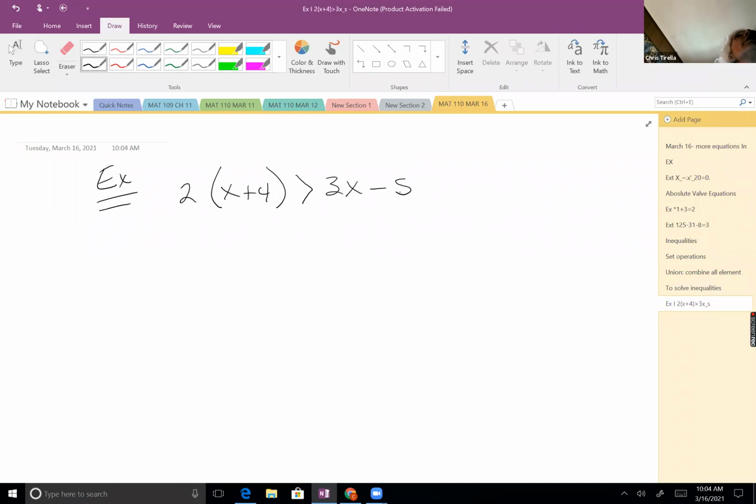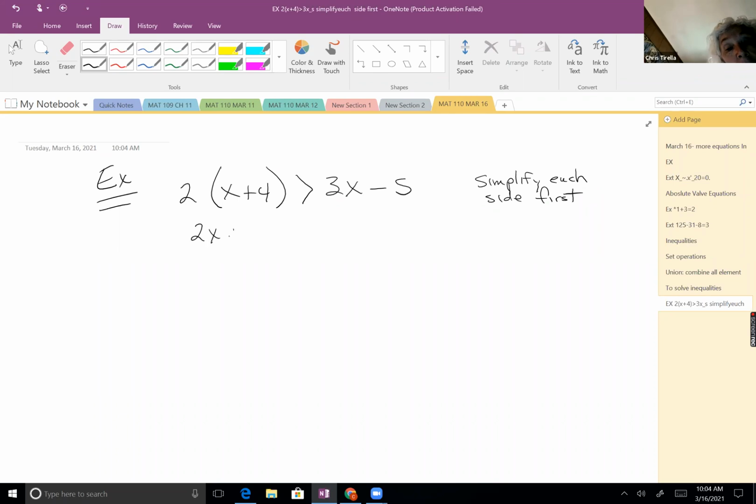Just like with solving a first degree equation, does it make sense that I want to simplify each side first? And so to simplify, does everybody see on the left the need to distribute?